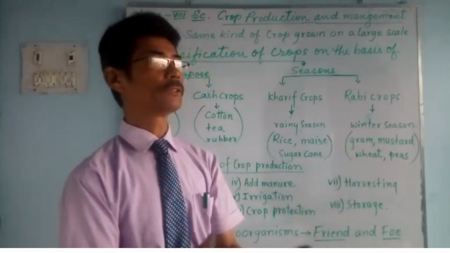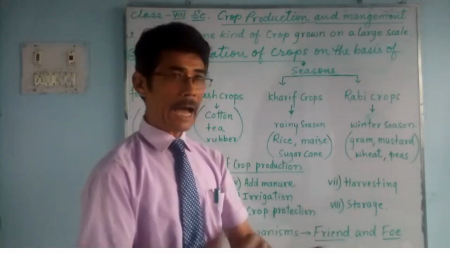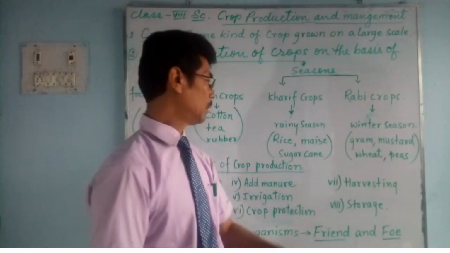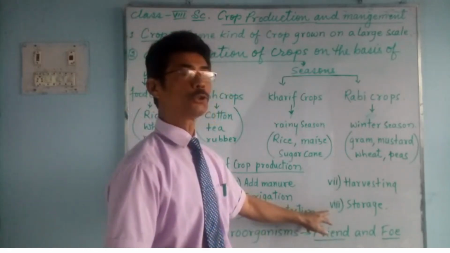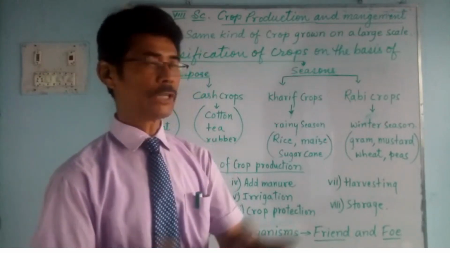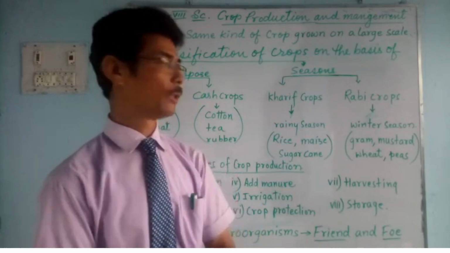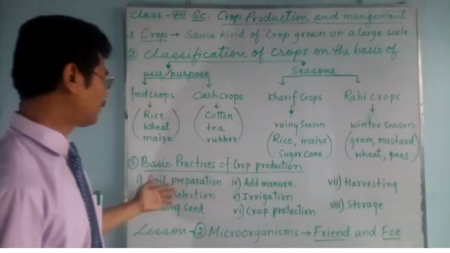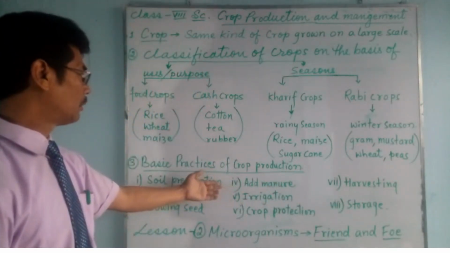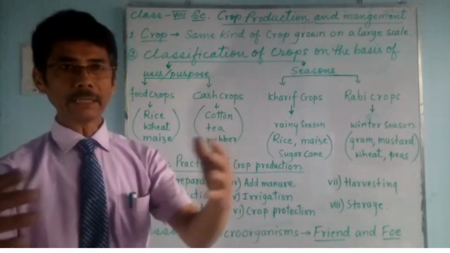Once the crop is ripe, it has to be harvested. Now next, number 8, it has to be stored safely in a dry place, protected from rain, protected from insects and pests. So storage.